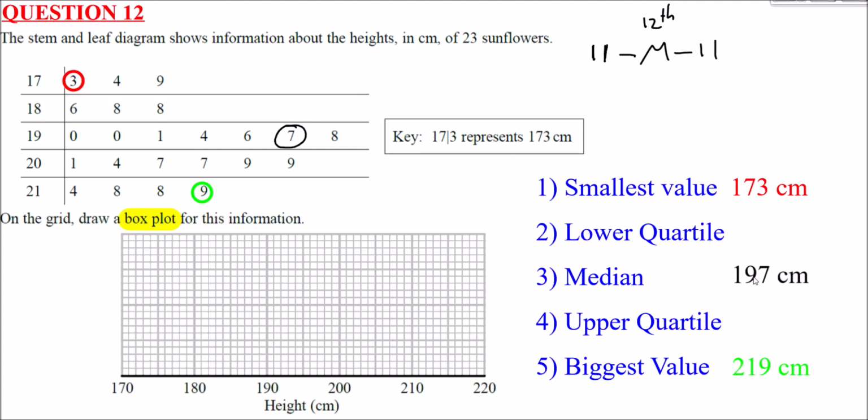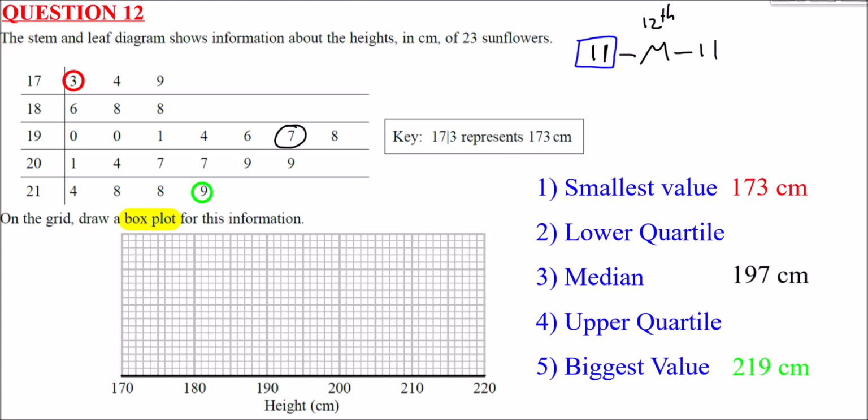Next, the quartiles. So what we do for the quartiles is we can essentially forget about the median and just look at the 11 values either side. So the lower quartile, the 11 values before the median, we need to find the middle of these 11. So we've got 11 values.